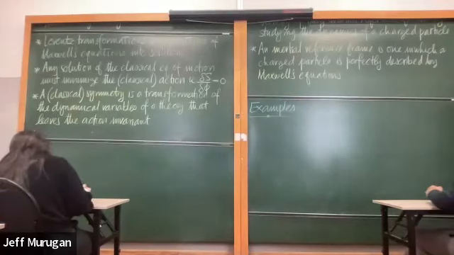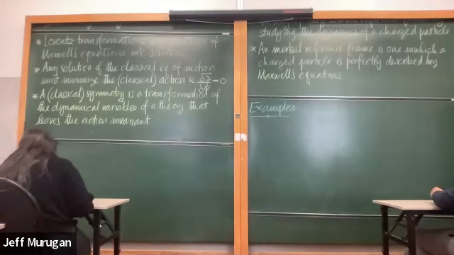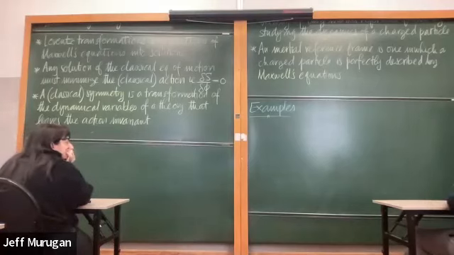I want to give an example in a concrete setting. So I'm going to write down an action for a particular theory, and then I'm going to explore some of the invariances of this particular action. Then we're going to try and give a more general statement. Then we'll go on to the quantum level.